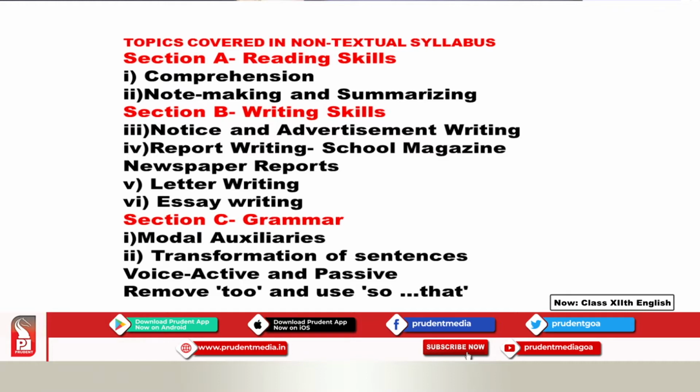Section C, grammar. We have covered modal auxiliaries and transformation of sentences. We have covered two topics so far, that's voice, active and passive, and remove the adverb 'to' and use 'so that'.